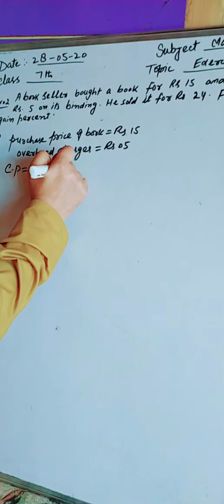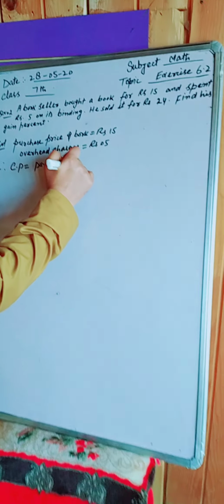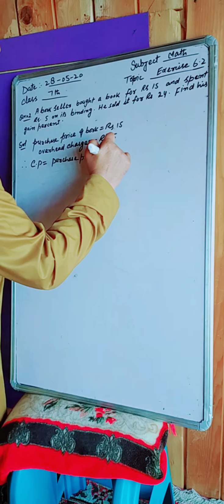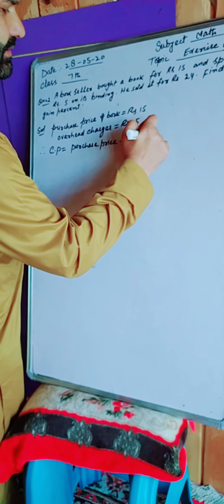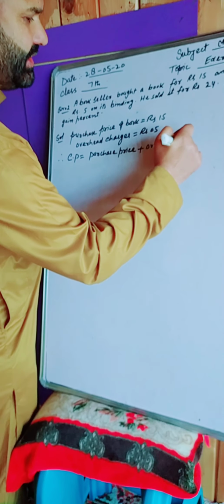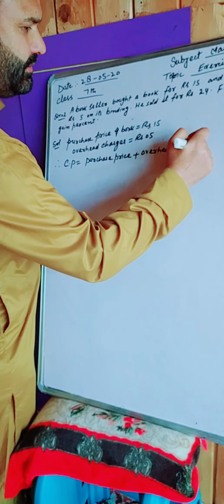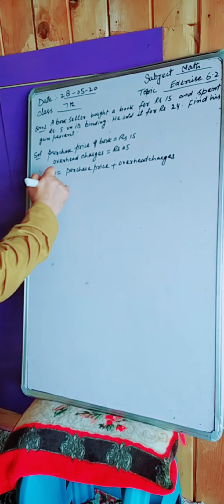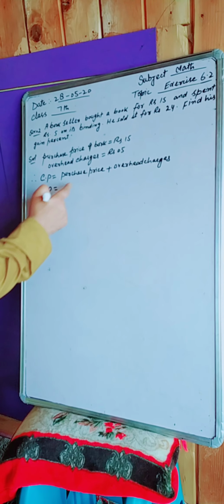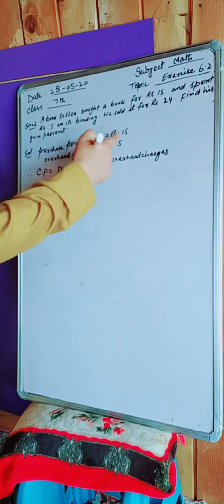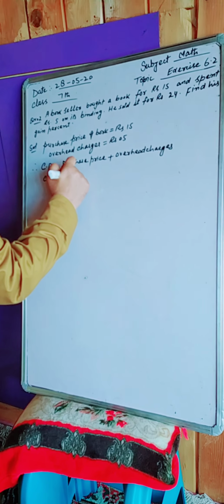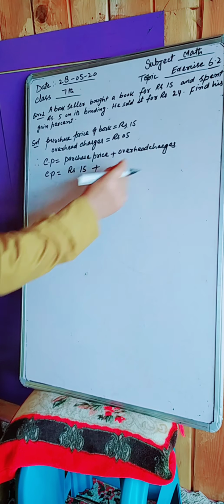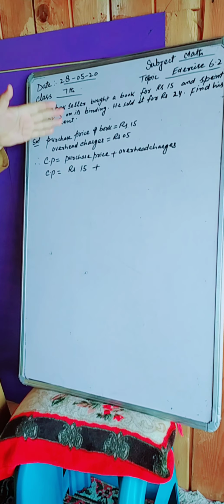purchase price plus overhead charges. So CP is equal to the purchase price of the book, which is Rs 15, plus overhead charges, meaning how much he spent on it.